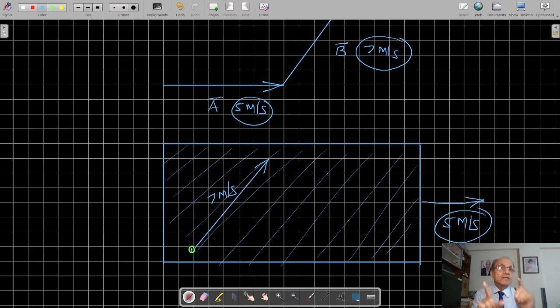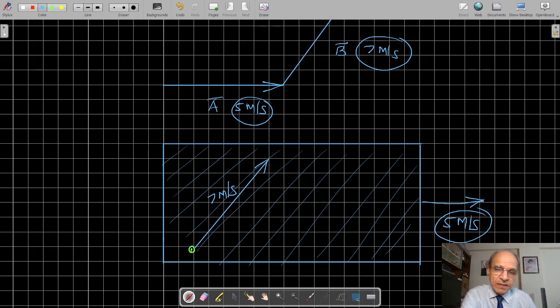And now we have asked the person to move on the platform in that given direction with 7 meter per second. So the person is moving in this direction with the platform, as well as moving with 7 meter per second in this required direction. So two velocities are acting on the person.